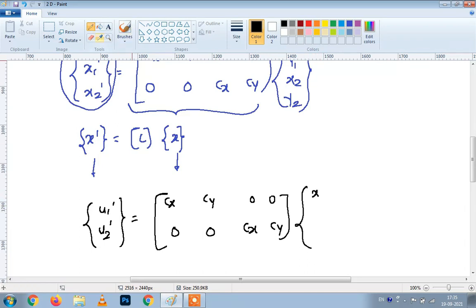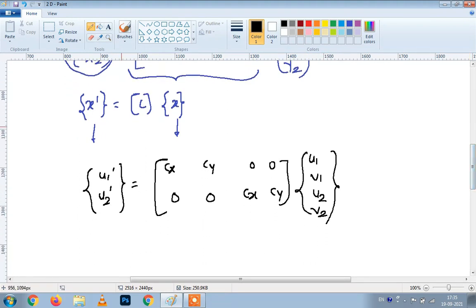This is a 2 degree of freedom problem, so at each node we get two displacements: u1 v1 u2 v2. In short, U dash, the element nodal displacement vector in the local coordinate system, is equal to the transformation matrix L into the element nodal displacement vector in the global coordinate system, U.